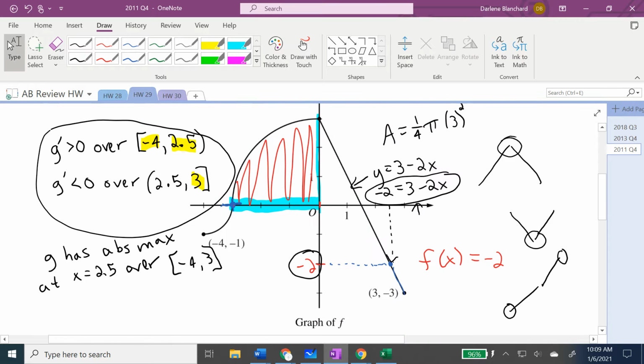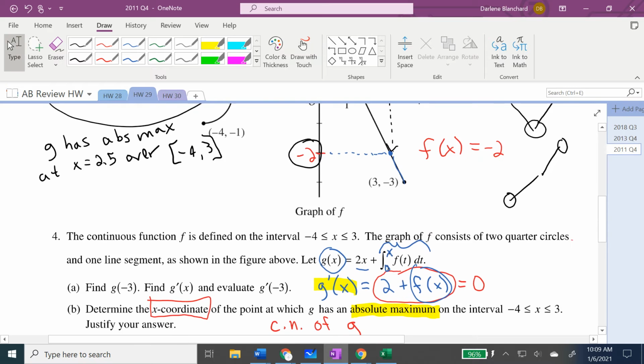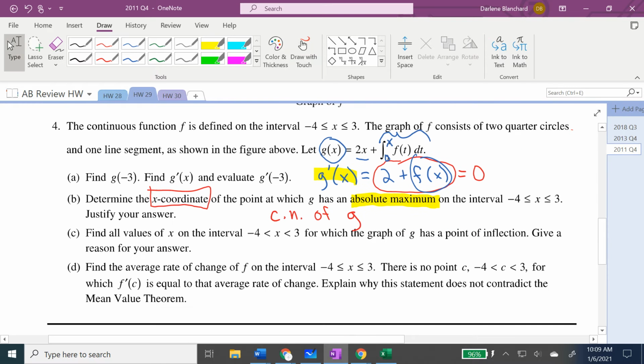But recognizing how the derivative is positive and then negative does not take nearly the same amount of time. And they're actually expecting you to look at it this way. You'll get full credit if you find the actual values and compare, but you're going to spend more time on it. And that might cause you to not be able to finish the exam.